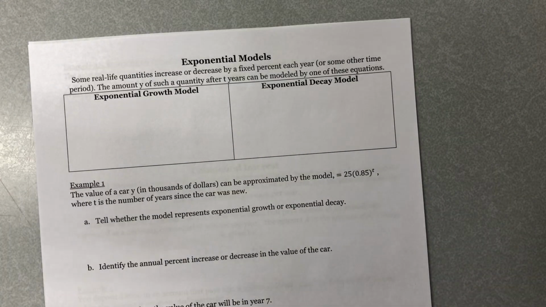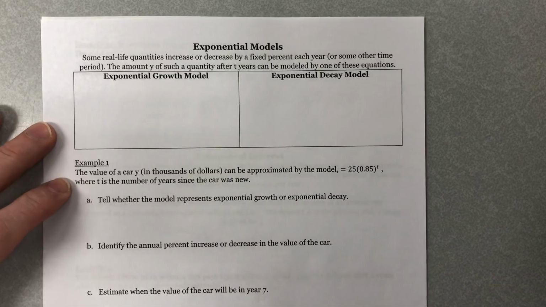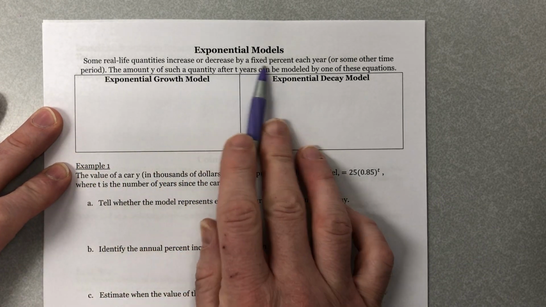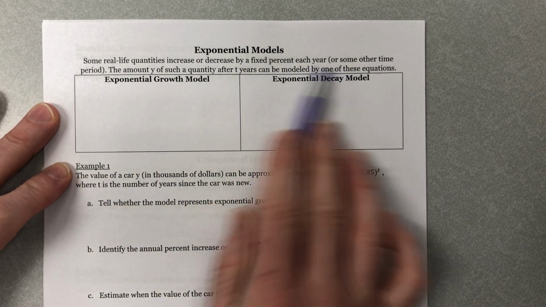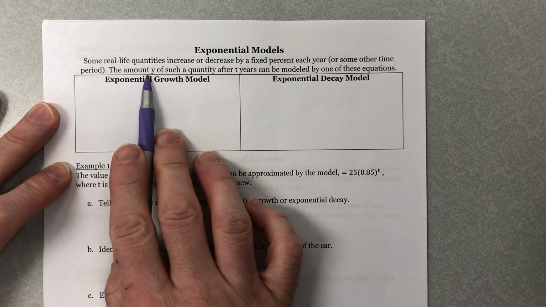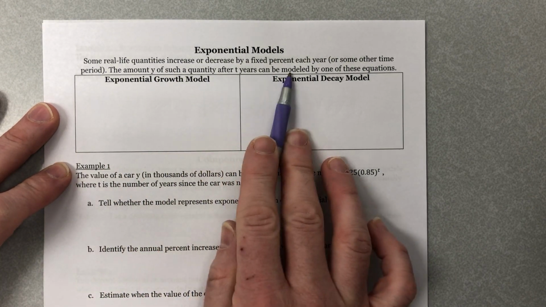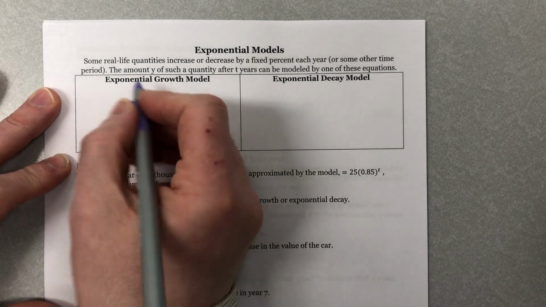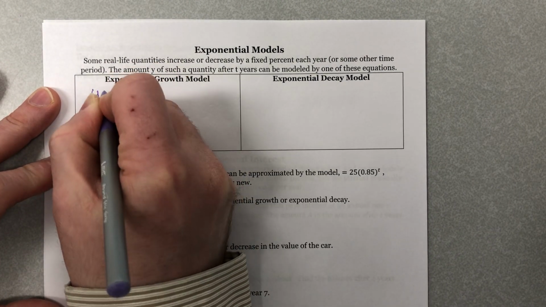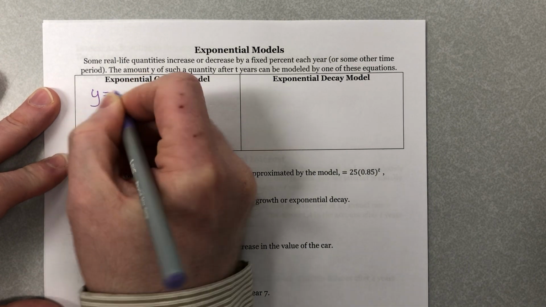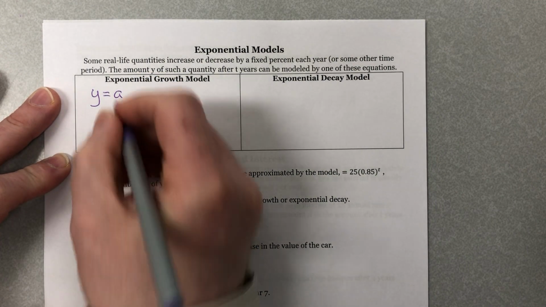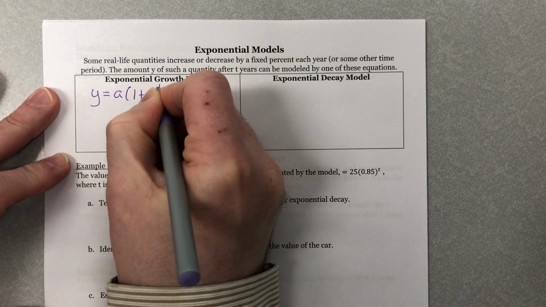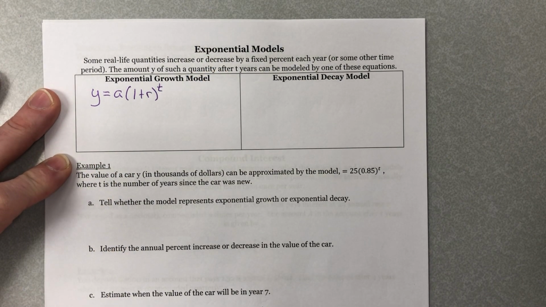This has a lot of real-world examples. Some real-life quantities increase or decrease by a fixed percent each year or some other time period. The amount y of such a quantity after t years can be modeled by one of these two functions. An exponential growth model would be our initial amount, a, times 1 plus our growth rate, all to the t.